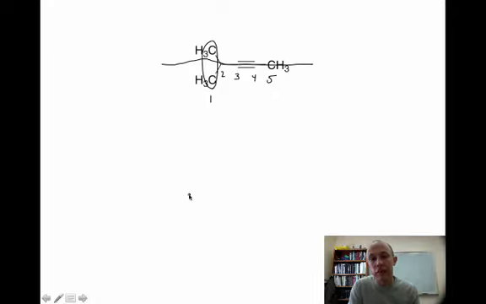So we should see 5 peaks, right? And then these two should be further to the left in this region between about 60 to 100. Okay, and then we should see 1, 2, 3 other peaks in the alkane region, or the sp3 region.